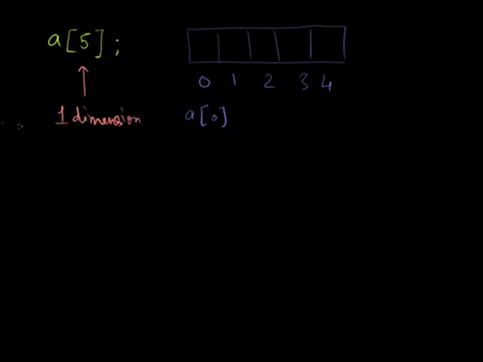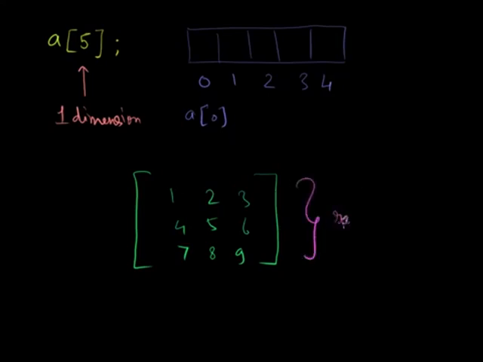But you can also have an array which looks like a matrix, which can have more than one dimension. Let's say I have a matrix like this: 1, 2, 3, 4, 5, 6, 7, 8, 9. So it has 9 elements. Now what you can see is a two-dimensional array, because this array has 2 dimensions.